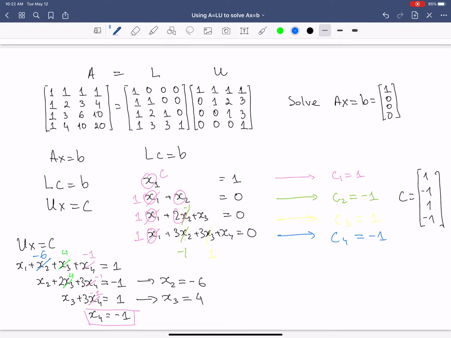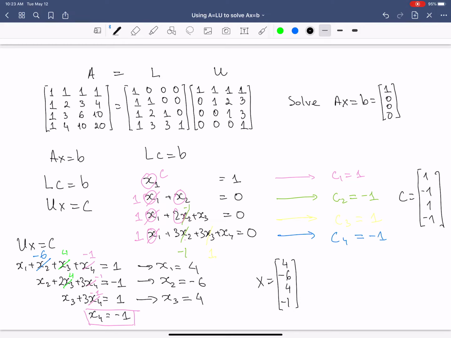And what I have is right away x1 from here. So how much is x1? -6 plus 4 is -2. Minus 1 is -3. Take it to the other side, it becomes a 3 plus 1. That equals a 4. So the vector x is 4, -6, 4, -1.